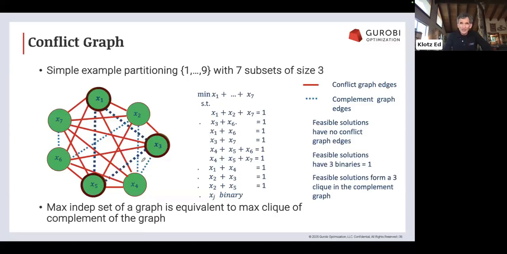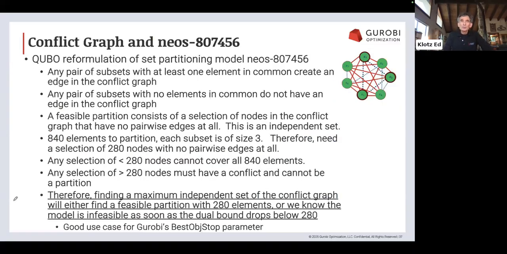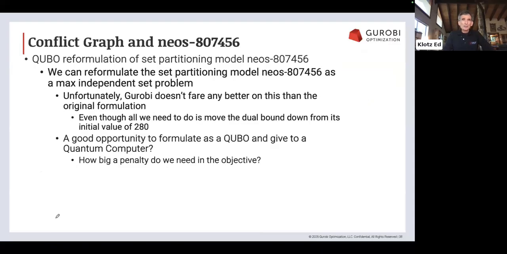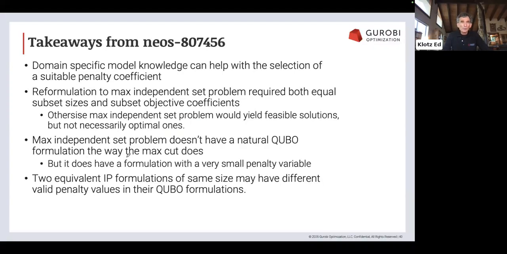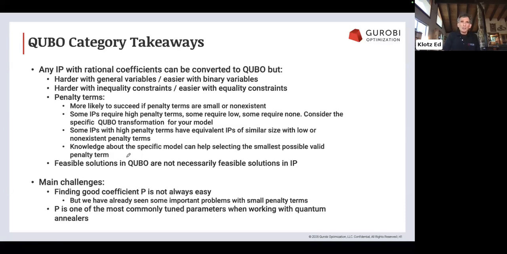Because of that, you can reformulate this as a max clique or max independent set problem. And once you have that, your QUBO reformulation, as we've seen before, has a penalty of 2. So the main point is sometimes you can look at special structure of the model and make additional progress that otherwise you could not make.